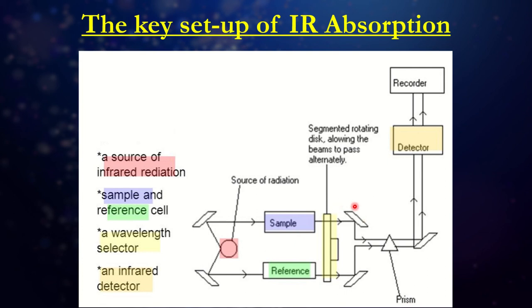The way infrared spectrometry works is it will split the light into two components. The source of radiation splits into two, and the infrared radiation goes through the sample and your reference. They are then recombined at the detector, which we then record.